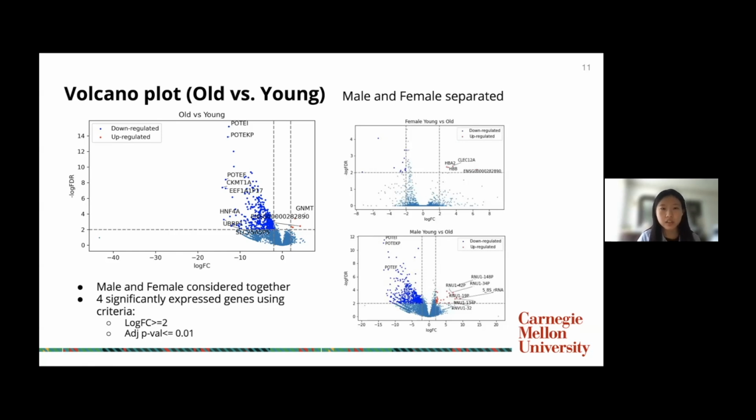When comparing the old versus the young, considering both male and female together, we saw a higher number of downregulated genes compared to upregulated genes. When male and female were separated, we saw that males had a higher number of significantly upregulated and downregulated genes.